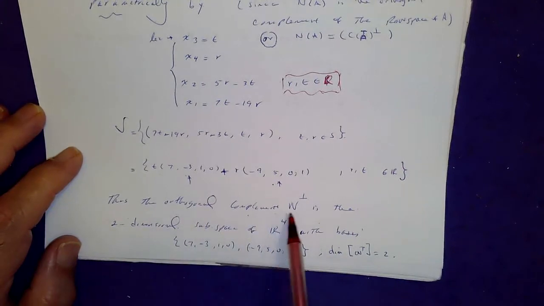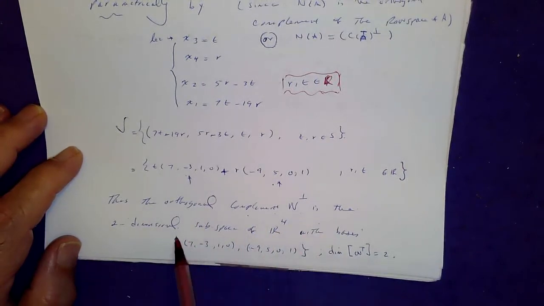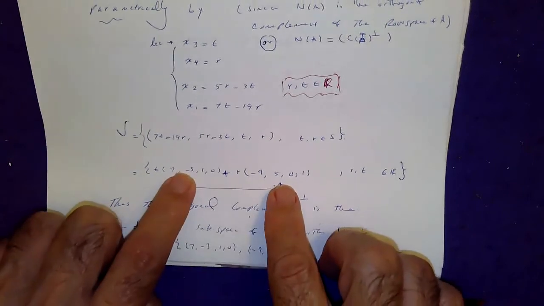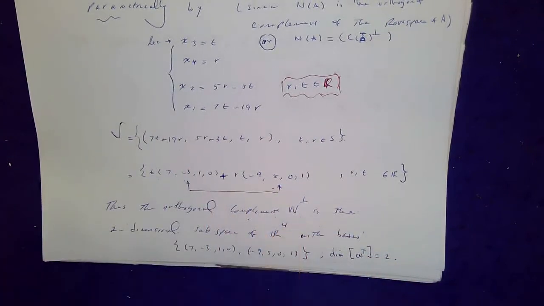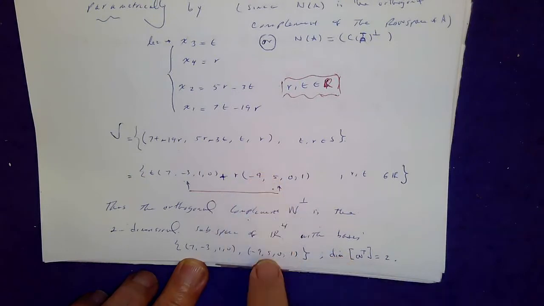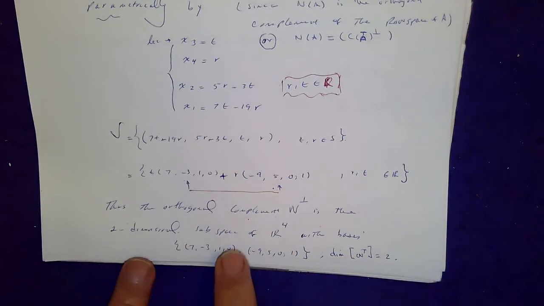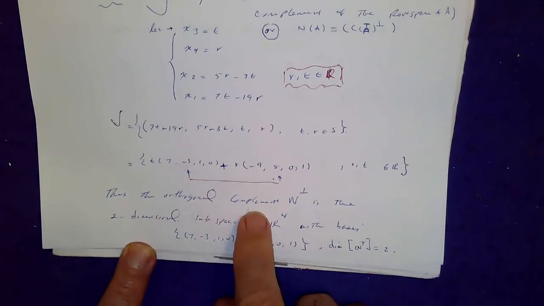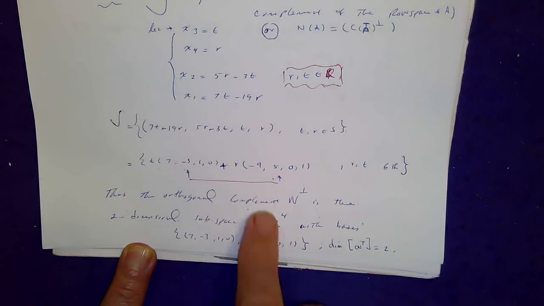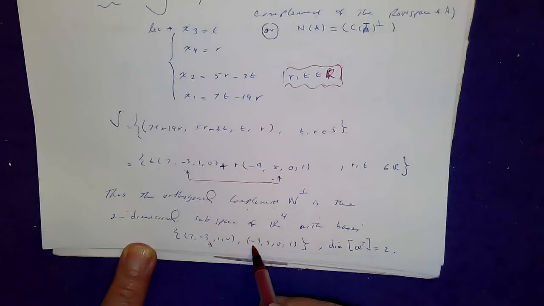So it turns out that the orthogonal complement of W is a two-dimensional subspace of R4. Two-dimensional because I only have two linearly independent vectors which span the orthogonal complement of W, where W is the subspace of R4. So the orthogonal complement of W is a two-dimensional subspace of R4 with the following basis, these two vectors.